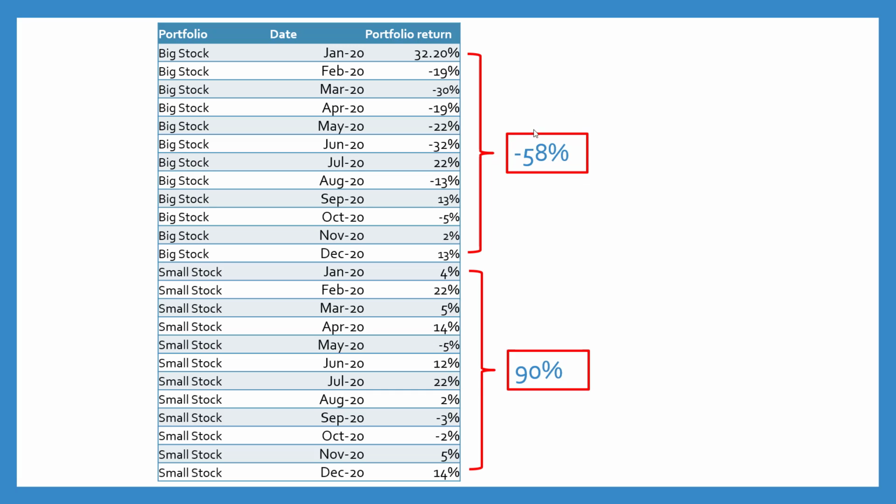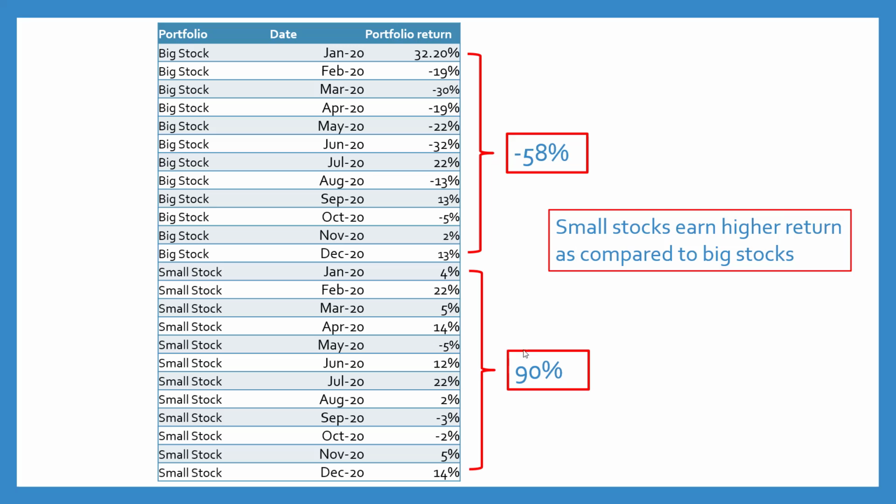This number is the average return for big stocks, and this is the average return for small stocks. From this we can conclude that small stocks earn a higher return as compared to big stocks. In this case we just had two portfolios, small stocks and big stocks, and we can see that small stocks earn a higher return as compared to big stocks.